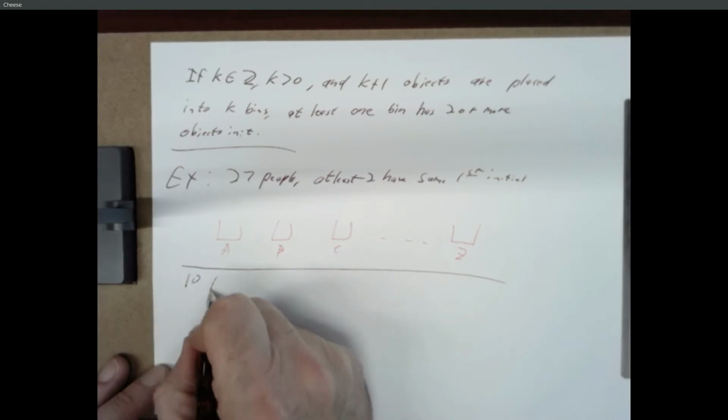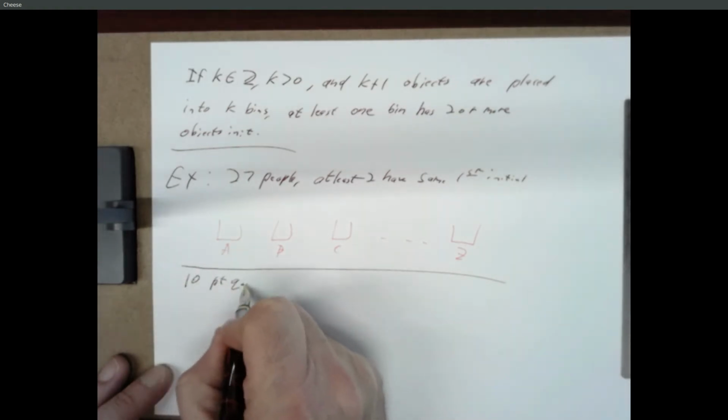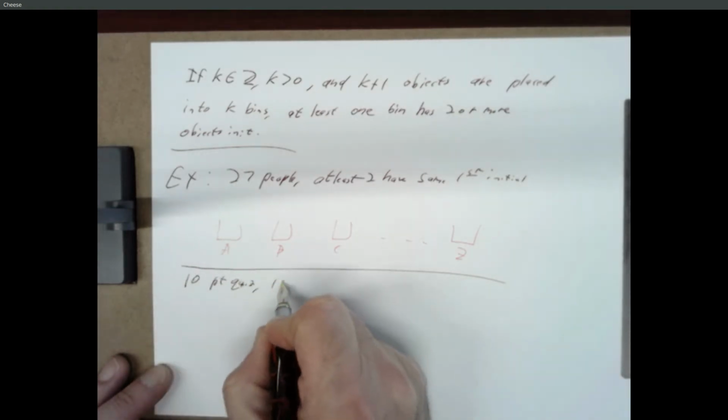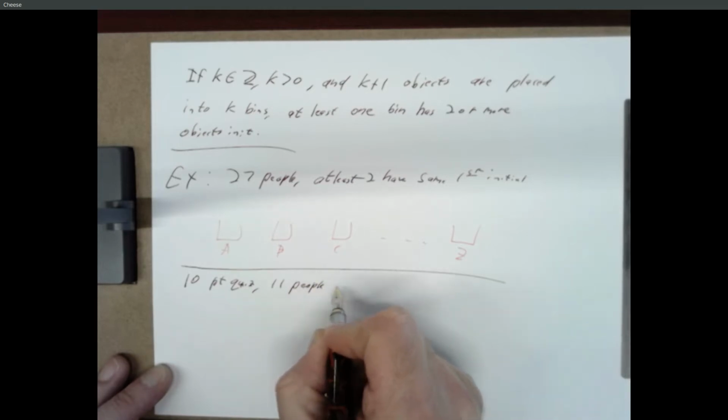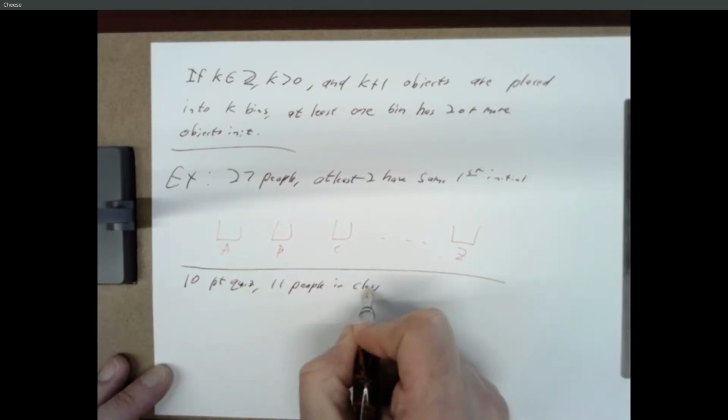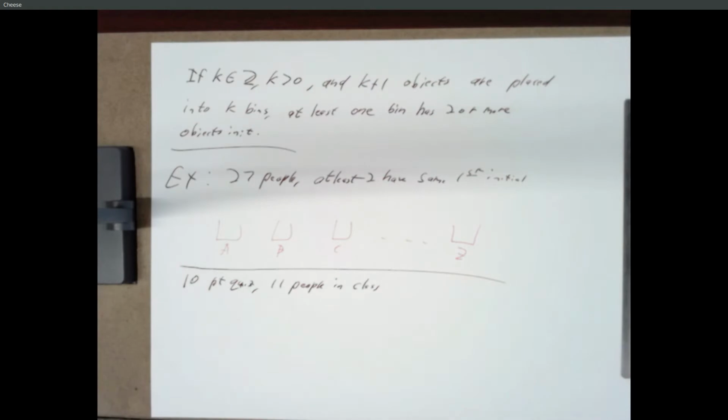Okay, 10-point quiz, and you have 11 people in the class. So how many possible grades are there? 10. Or 11. It's actually 11, because you can get a 0 or you can get a 10.